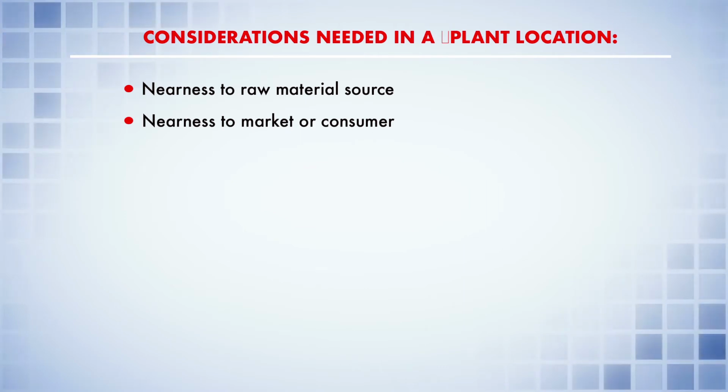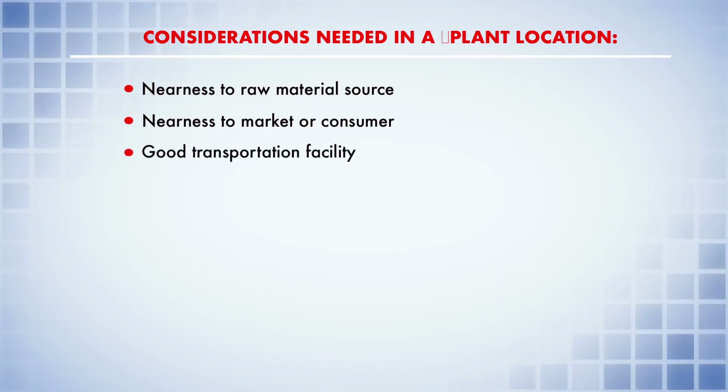Similarly, banks, hospitals and hotels will also try to remain near the consumer. Good transportation facility is very important for any facility, because inputs are to be brought through inbound logistics and output is to be transported through outbound logistics.